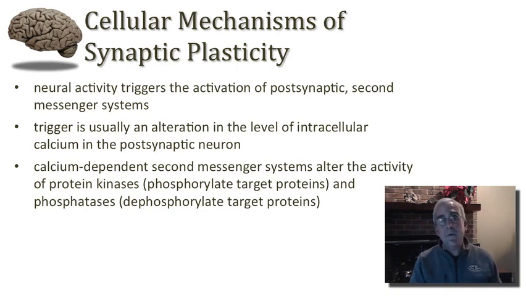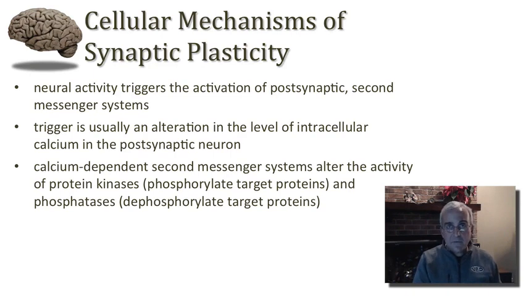That is critically important because the amount of calcium in that intracellular process is going to activate calcium-dependent second messenger systems. And these second messenger systems generally alter 2 categories of enzymes that are present within the postsynaptic cell.